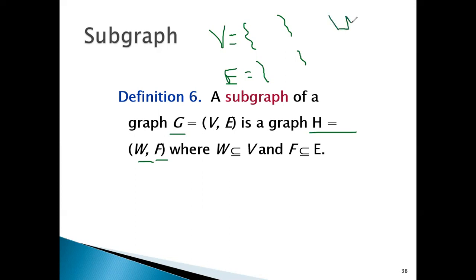W is another set which has some members from V. So we can say that W is the subset of V, and similarly F will be a set where some members of E will be in F. So we can say F will be the subset of E. So if W and F are both subsets of the elements of graph G, then we can call that graph a subgraph.